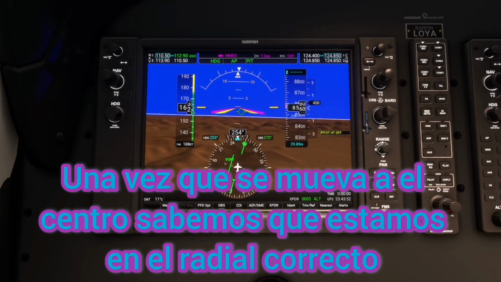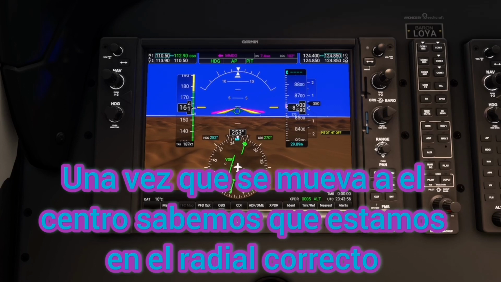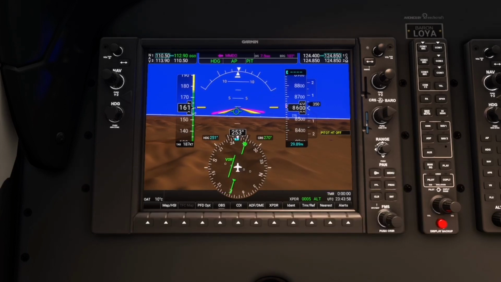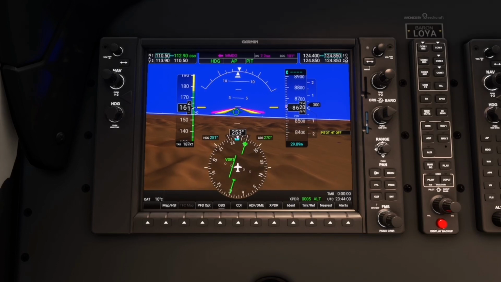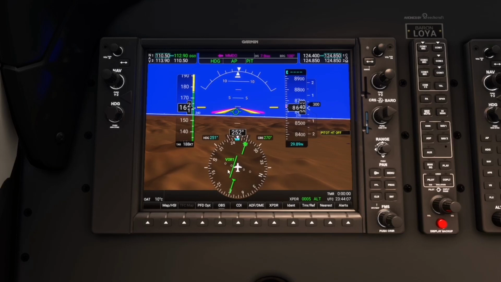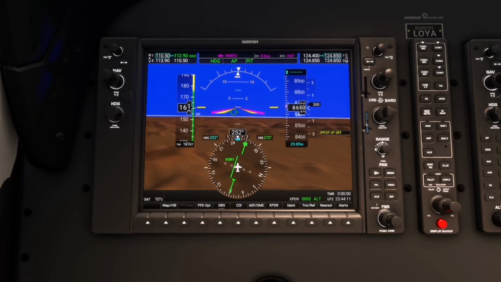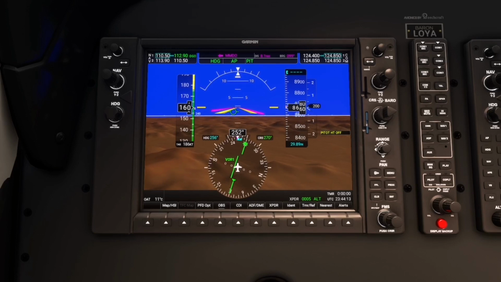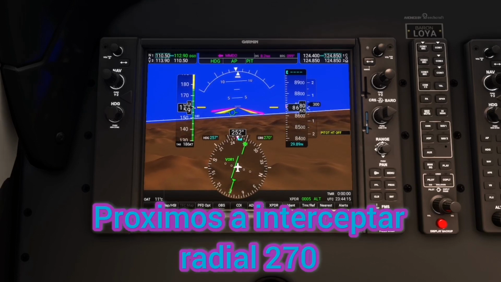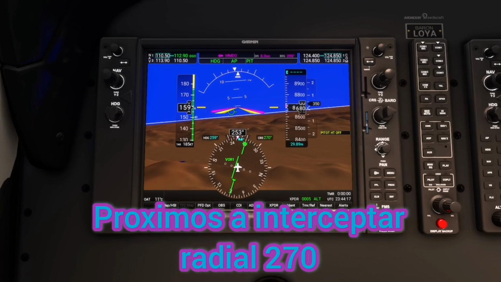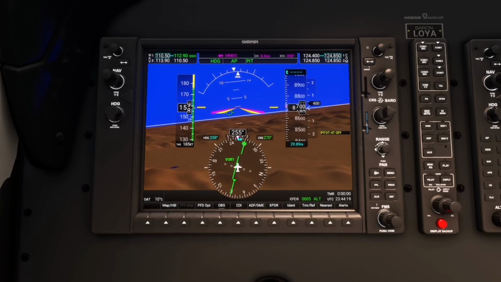Once it moves to the center, we know that we are on the correct radial. It is moving slowly because I'm not banking too much. You can see I am banking about 10 degrees to the left, and we are about to intercept the radial that we want, in this case 270.